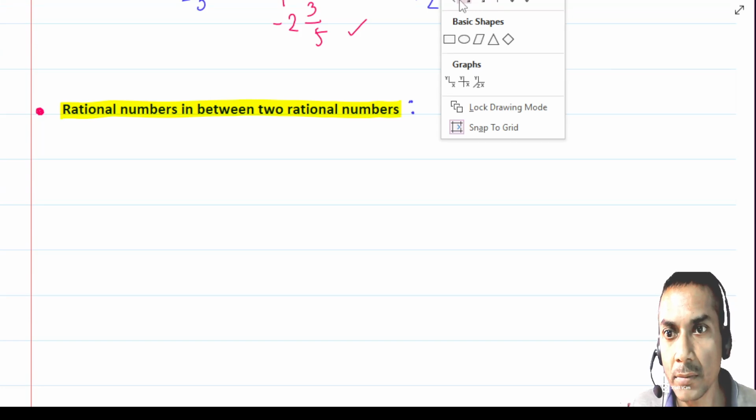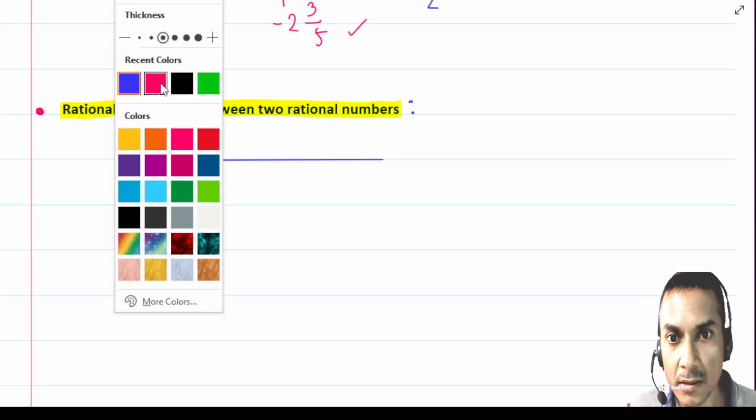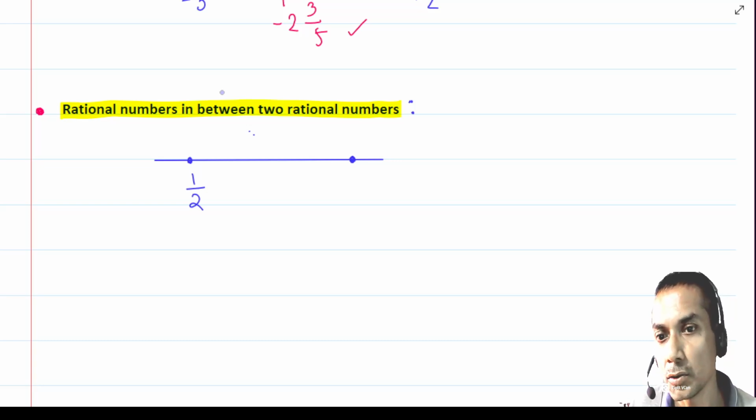Find a rational number in between 1 by 2 and 2 by 3.